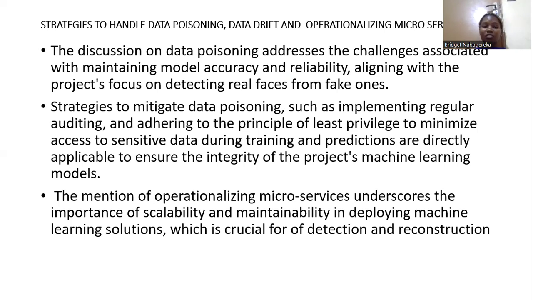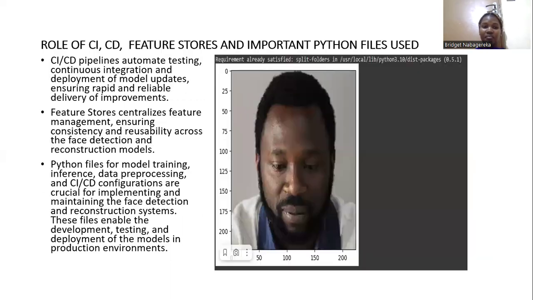Is it giving accurate results that people can base on to say that I'm going to use this? Strategies to mitigate data poisoning, such as implementing regular auditing and adhering to the principles of least privilege to minimize access to sensitive data during training and predictions, are directly applicable. They also ensure the integrity of the project's machine learning, so that no one has changed anything in the project, and so on.